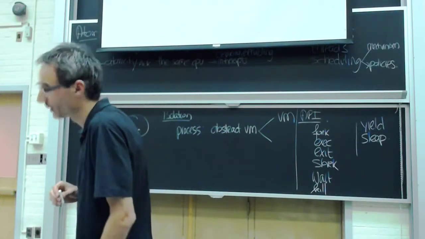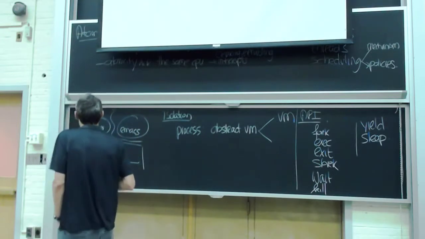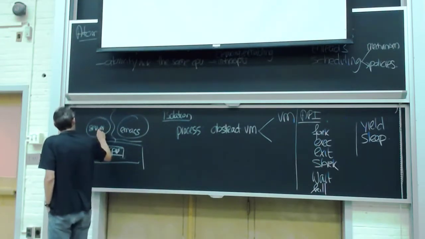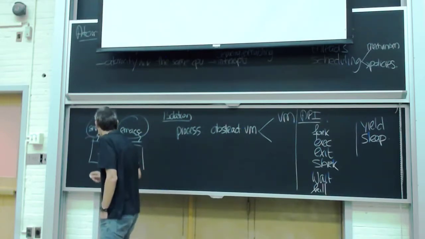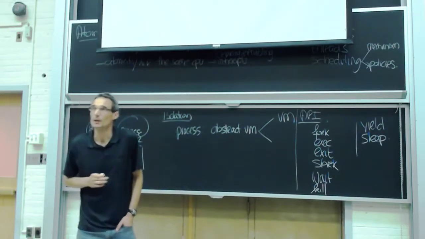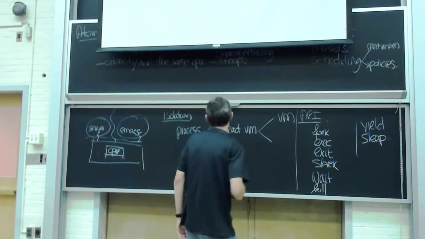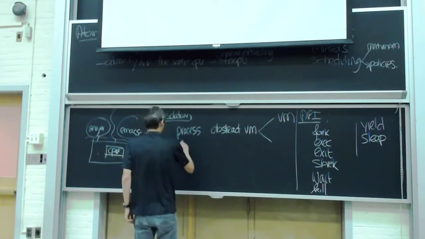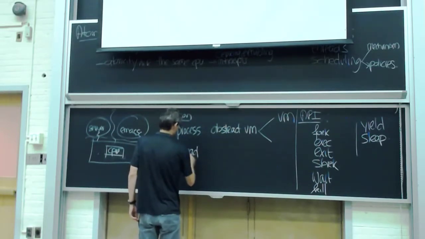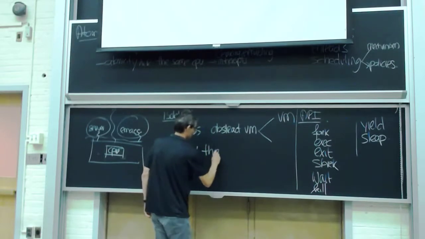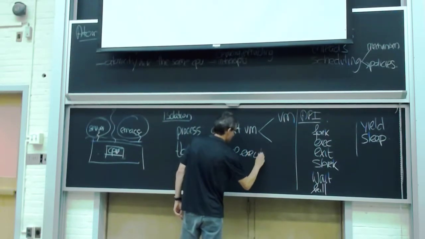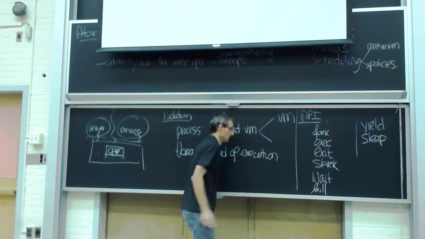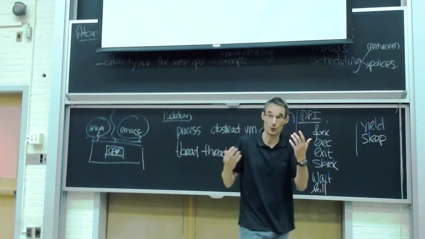The way we're going to think about this is that every process has a thread. So what is a thread? A thread is shorthand for thread of execution. That's sort of a recursive definition, right?